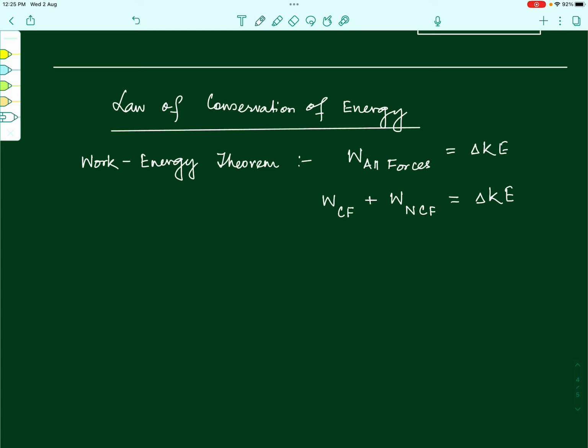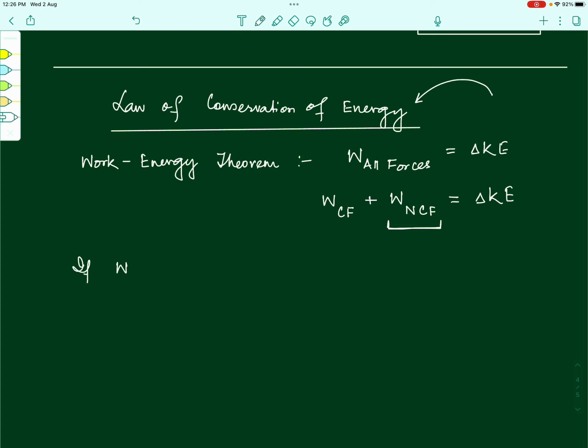So, this is our work energy theorem when we write it in terms of the types of forces that are acting and working on the system. Now, for the law of conservation of energy to be valid, we say that the work done by non-conservative forces, this term should go to 0. Okay. So, what do we mean by this?